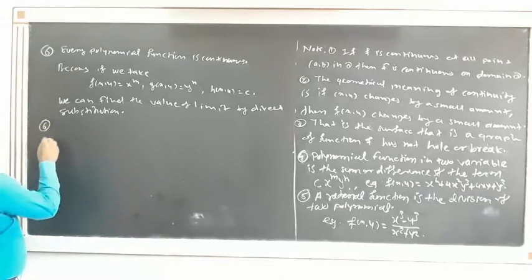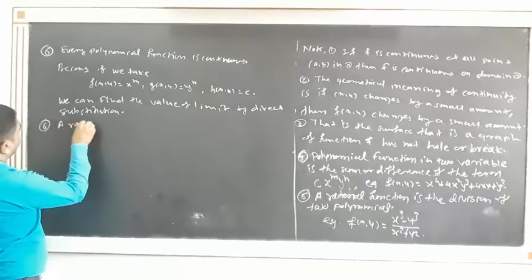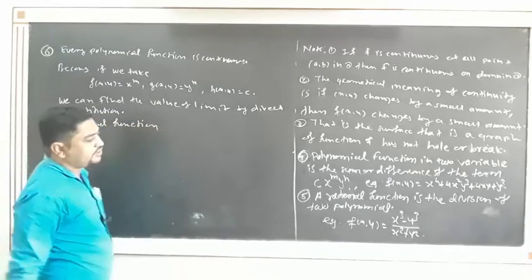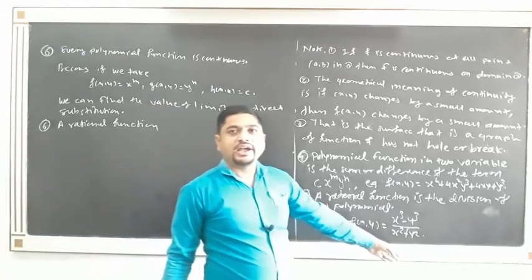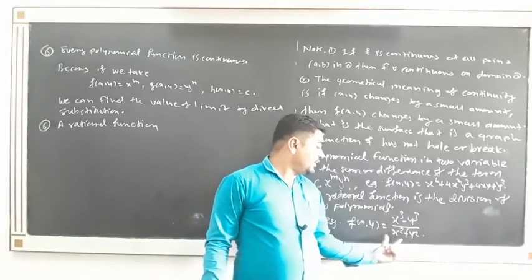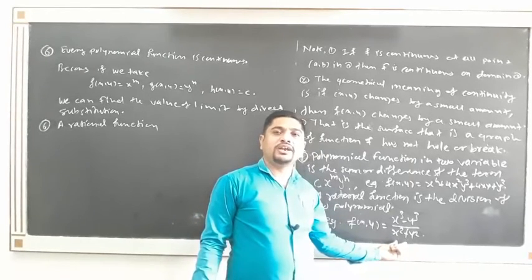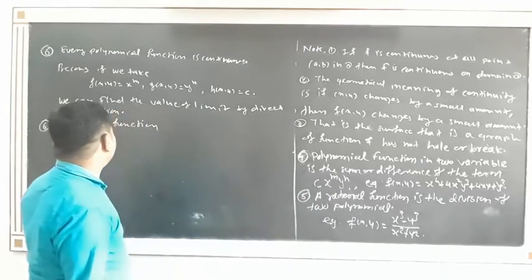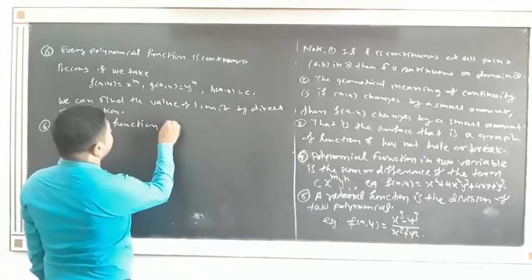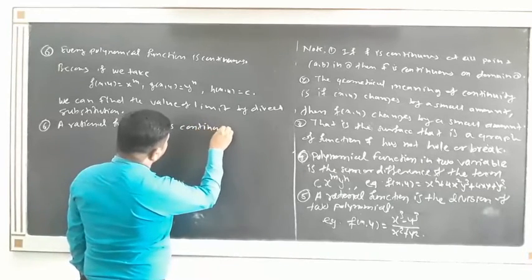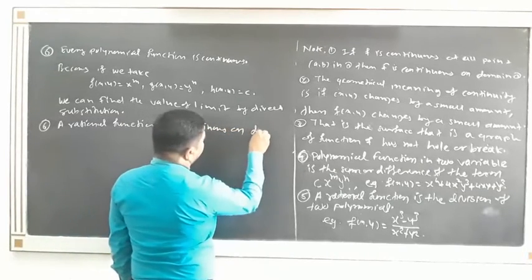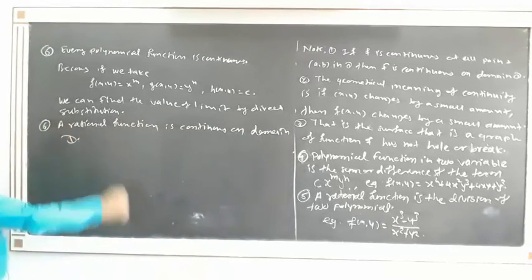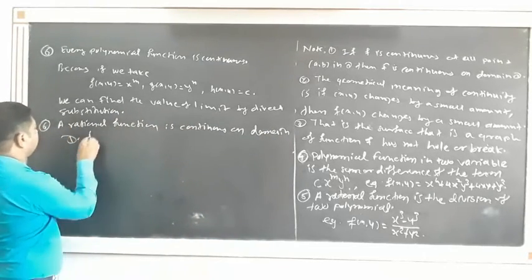Note number 7: a rational function. A rational function is the division of polynomials, and this function is not defined where the denominator is 0. Therefore, the rational function is continuous on the domain D of the function.